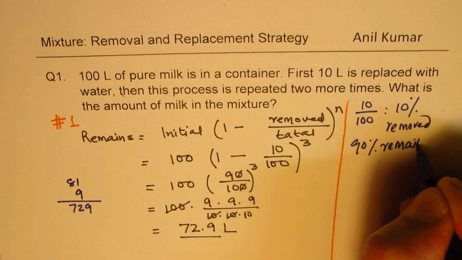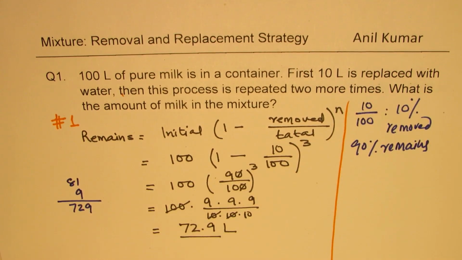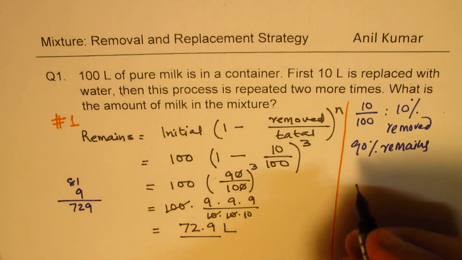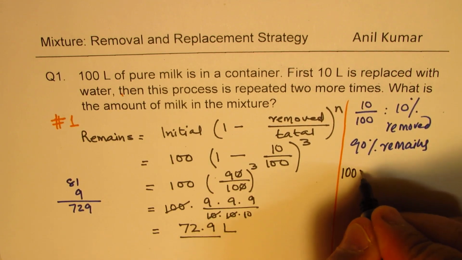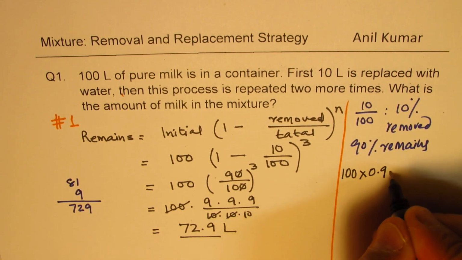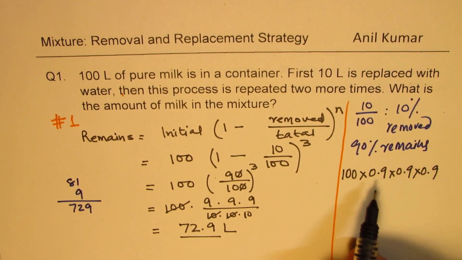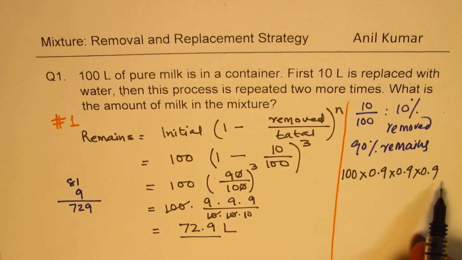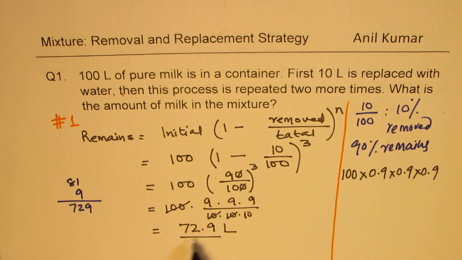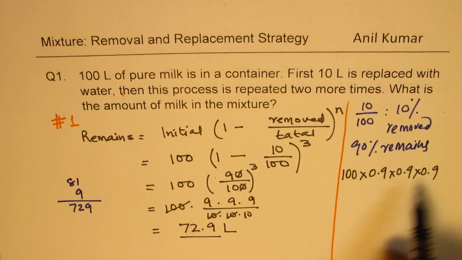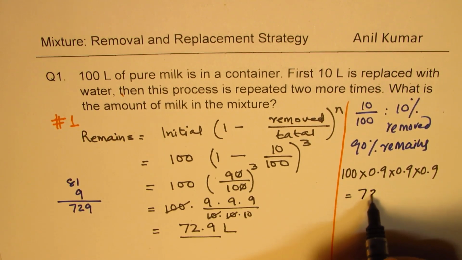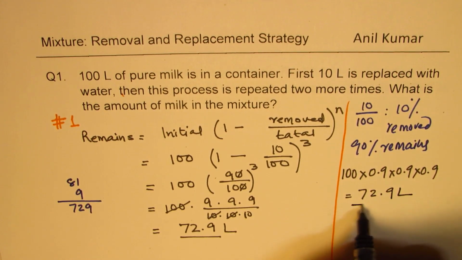So every time 90% remains. Perfect. So what we could do is start with 100 times 0.9 times 0.9 times 0.9, since it was done 3 times. So 729 and these 3 decimals will give you 72.9 liters.